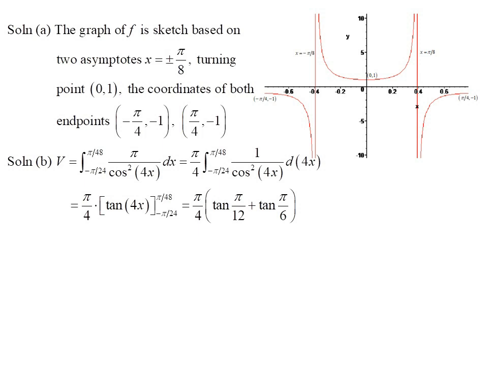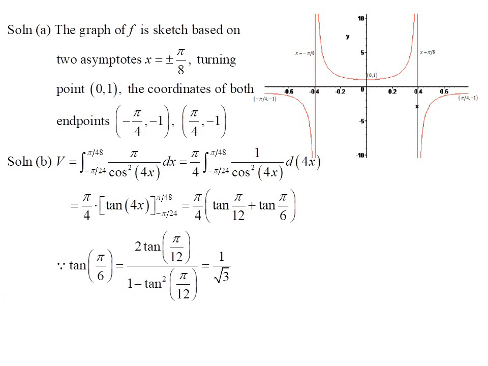Up to this stage, we know the exact value of tangent pi over 6, but don't know the exact value of tangent pi over 12. However, we may find the exact value of tangent pi over 12 by applying the tangent double angle formula.